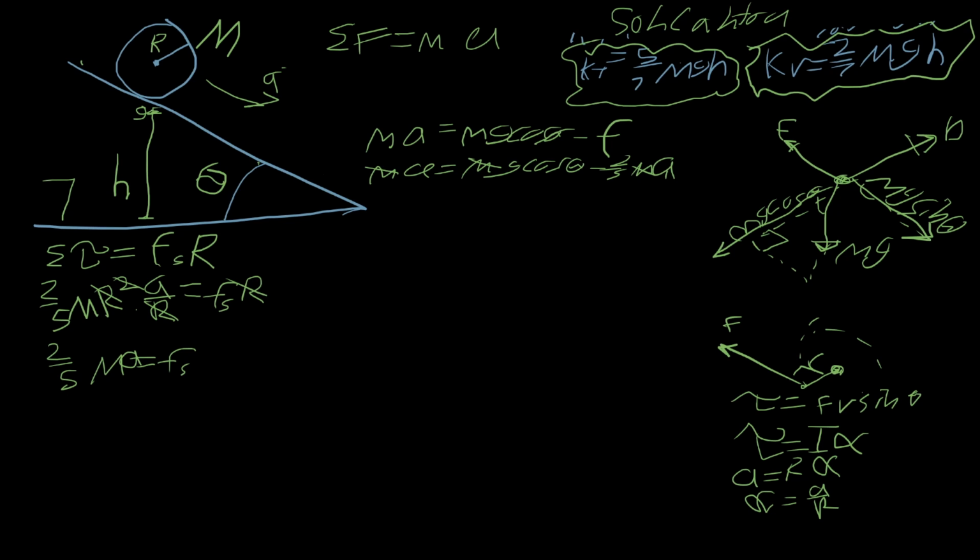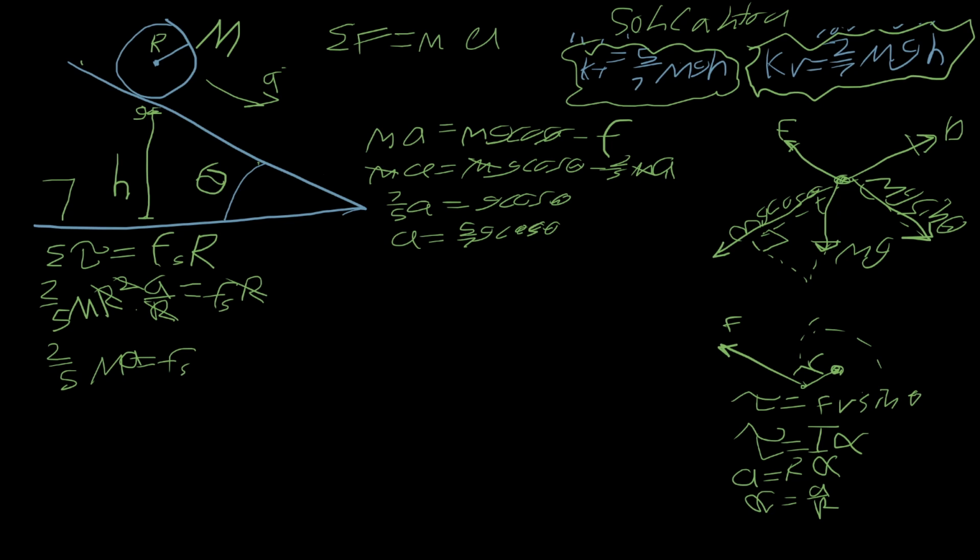This should give us, if you look back here, 7/5 acceleration equals g cosine of theta. And then we're going to get acceleration on its own. So that's going to leave us with 5/7 g cosine theta. And that's how you find the linear acceleration of our object ball here.